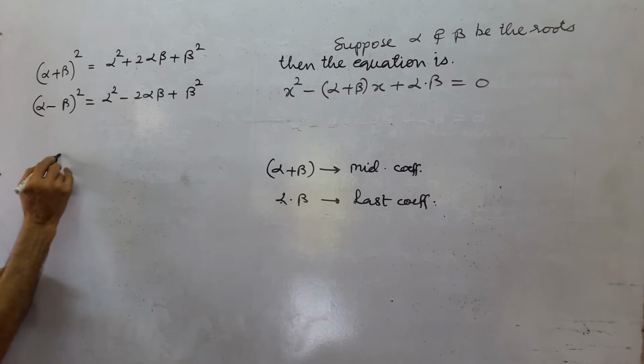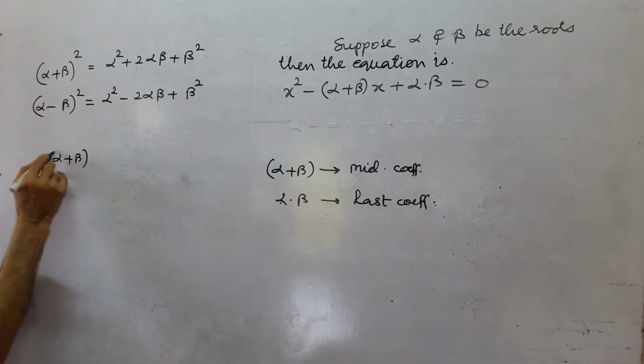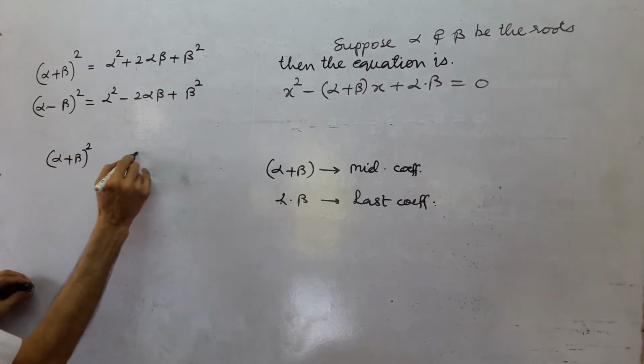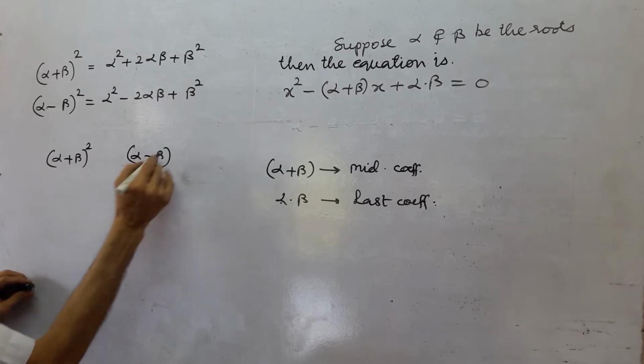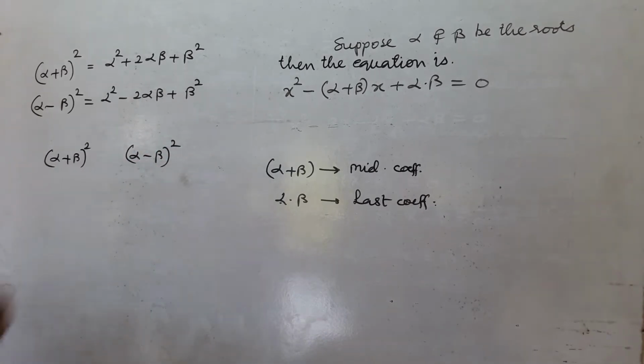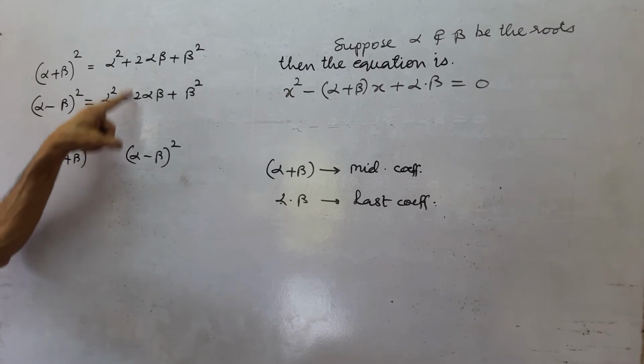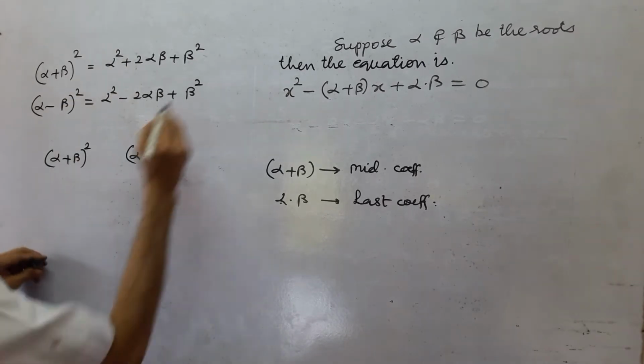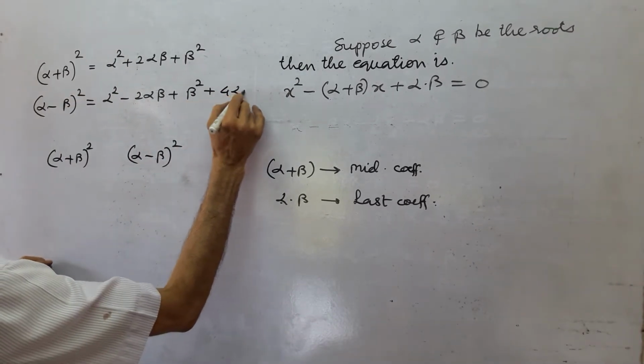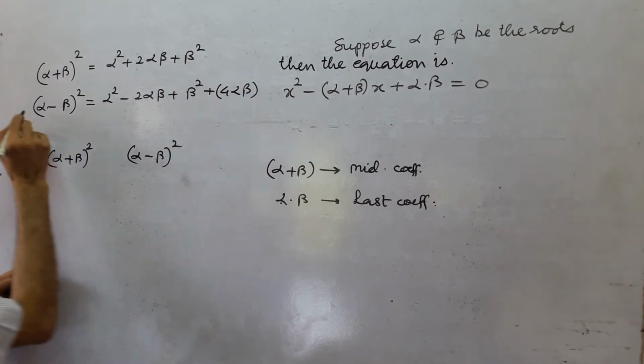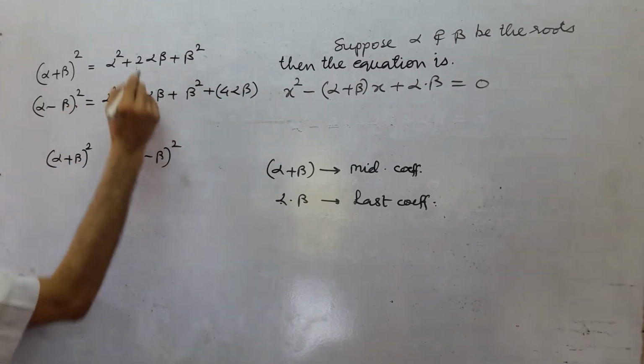If I write alpha plus beta whole square on one side and alpha minus beta whole square on the other side, then to make both equal, I have to add plus 4 alpha beta here.